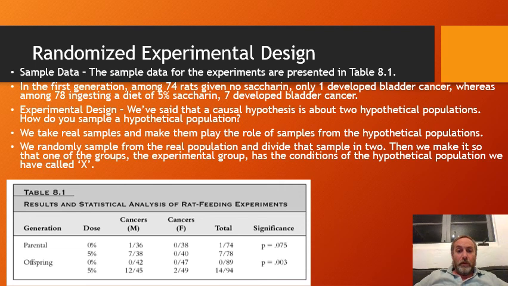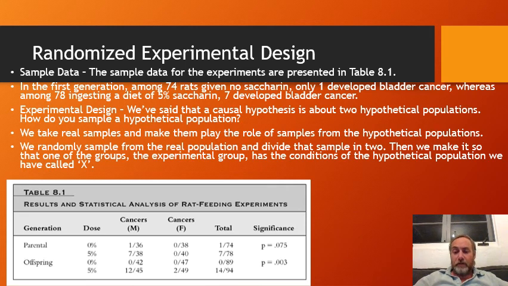So, experimental design. As we've said, a causal hypothesis is actually about two hypothetical populations. You take the population U and ask, what if in one world they all got the causal factor, and in another world none of them got it? How do we replicate that hypothetical situation in real life?